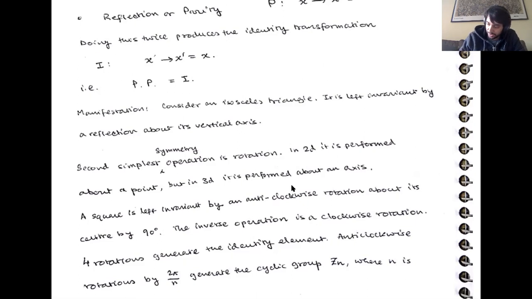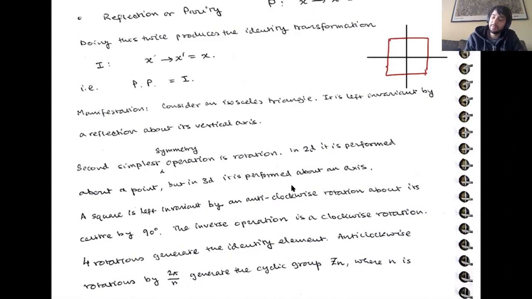If you're looking at something like a square, let me try and draw this. If you are looking at some axis, say like this, that's a bad one.